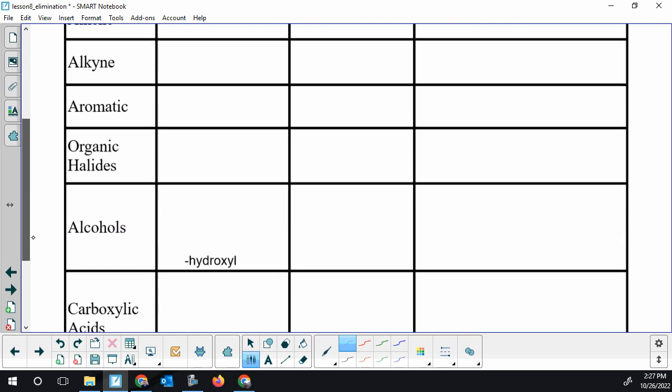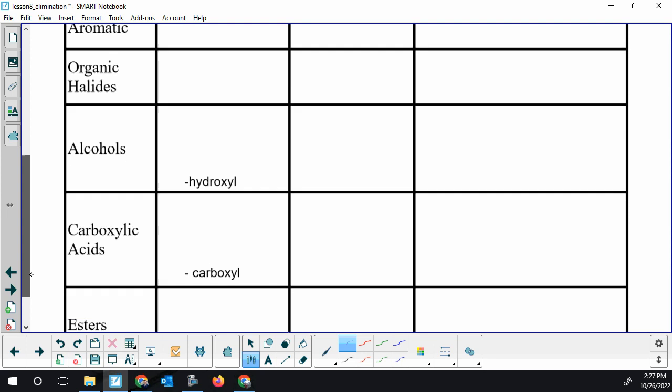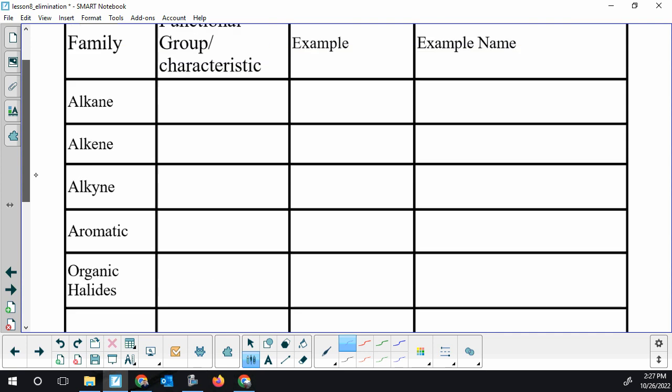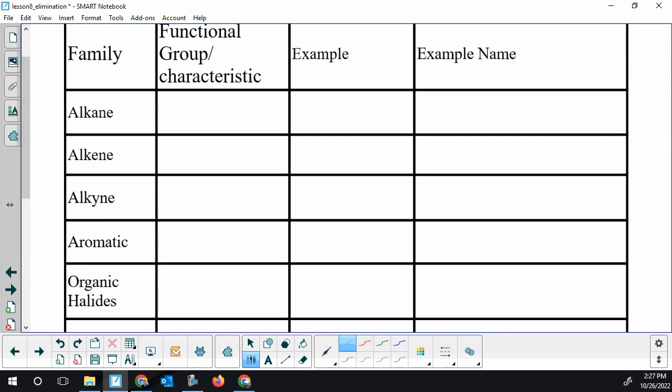Organic halides, alcohols, carboxylic acids, and then we'll do esters shortly. So you'd have a blank in this guide right now, talking about what makes that family, what is the characteristic or the functional group of that family. You could fill in an example and then name that example. Okay? Really nice for your organic unit test and a nice review for your diploma exam for studying.